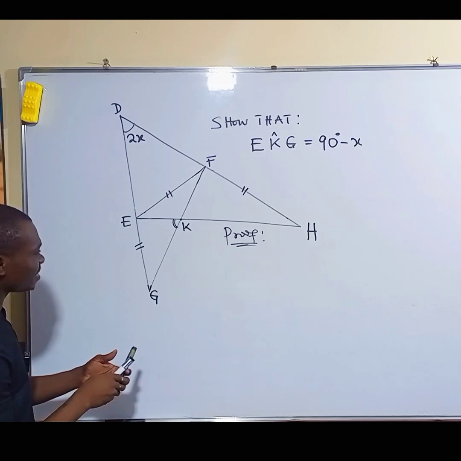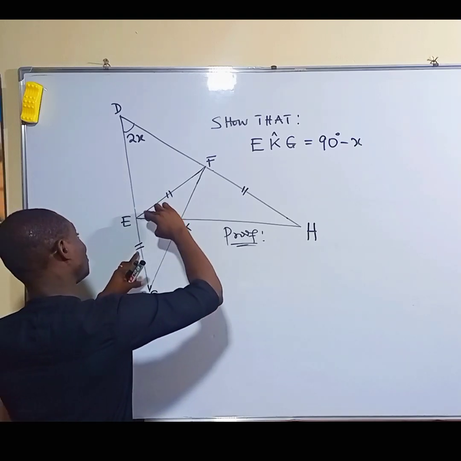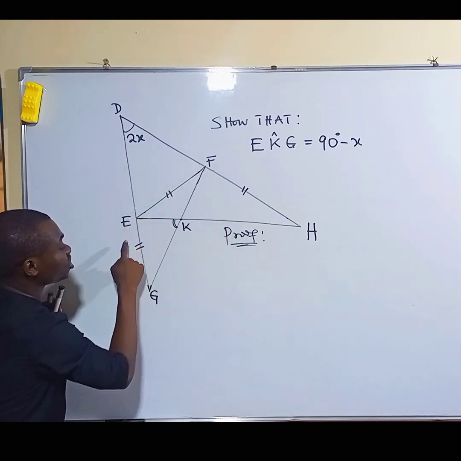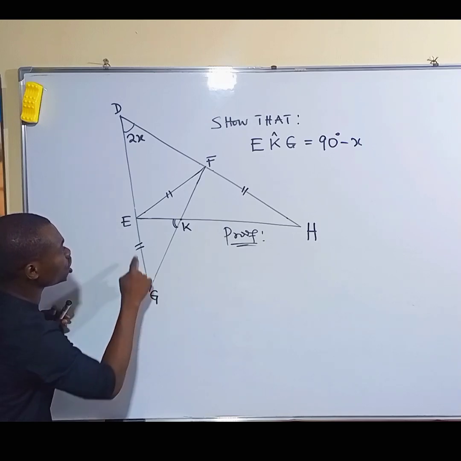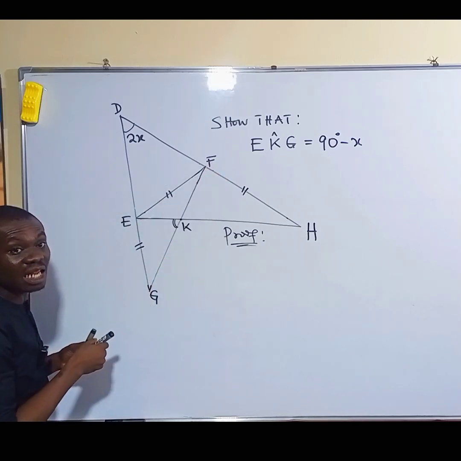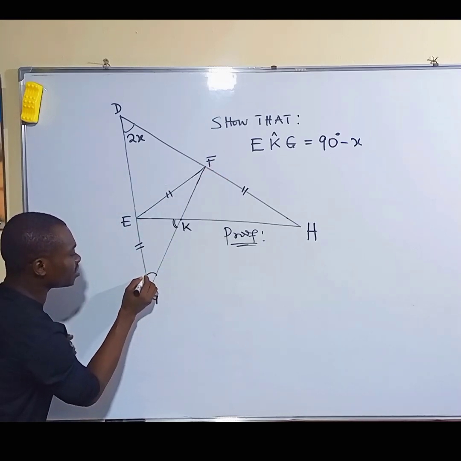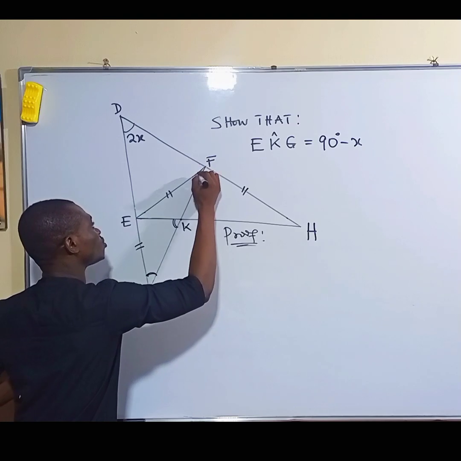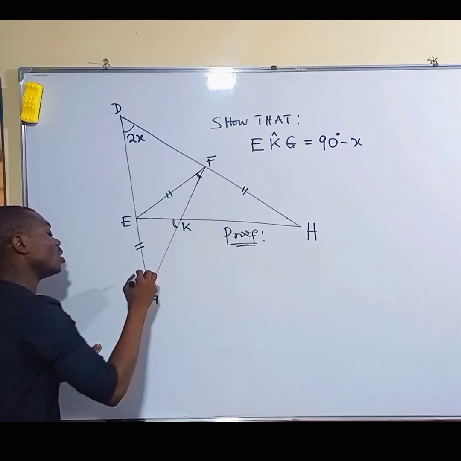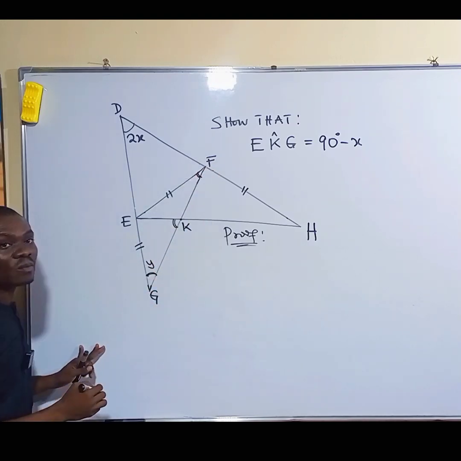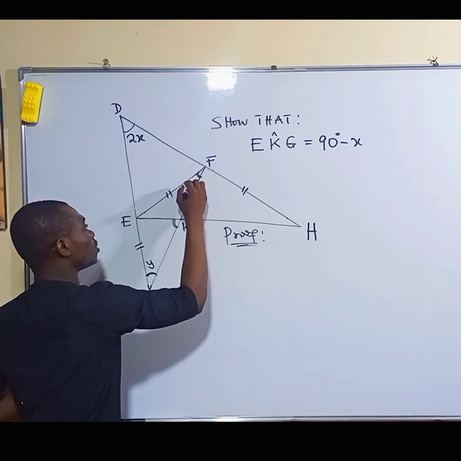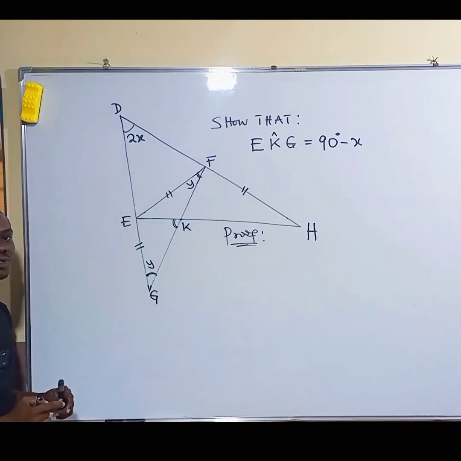So that means this particular triangle GEF is isosceles, and so the base angles, this one and this one, will be equal. Let's call it Y. So here will be equal to here, and here will be Y also.